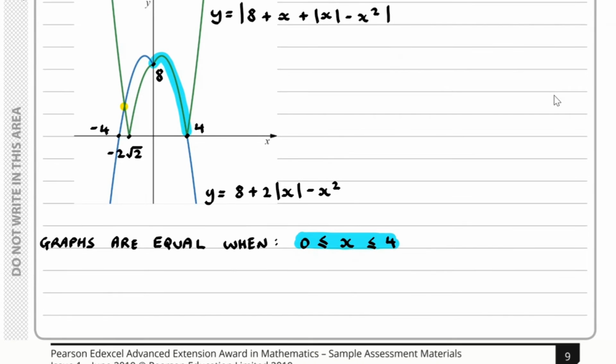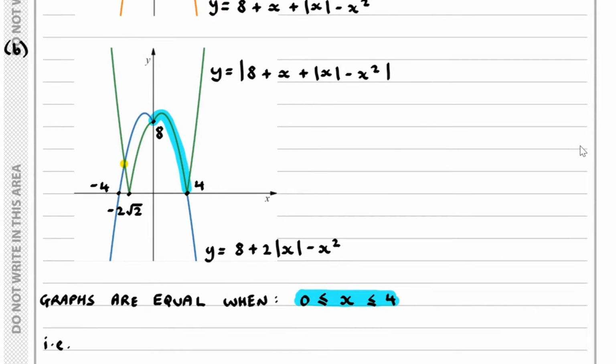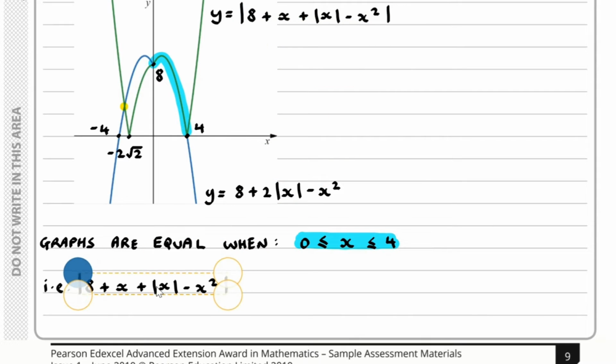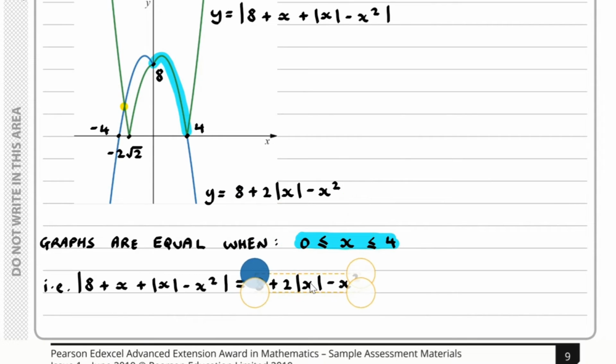So with that graphical explanation, you can see then what we need to solve is mod of 8 plus x plus mod of x minus x squared simultaneously with 8 plus 2 times the mod of x minus x squared.